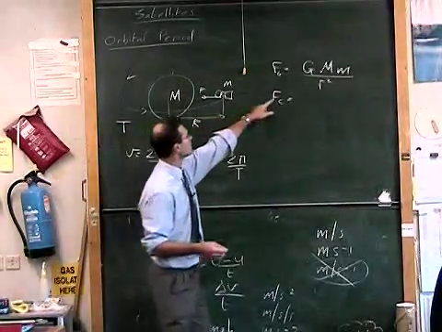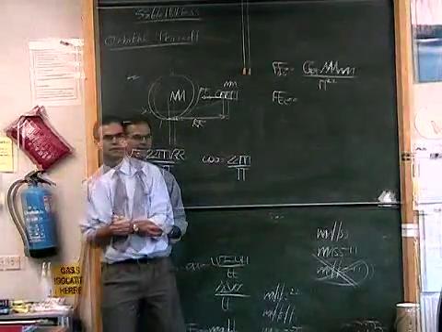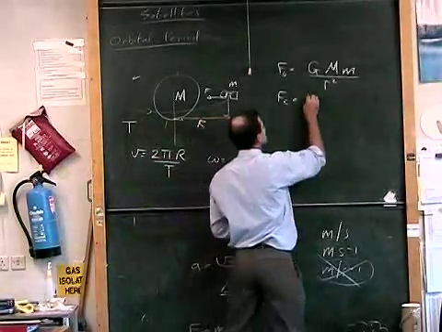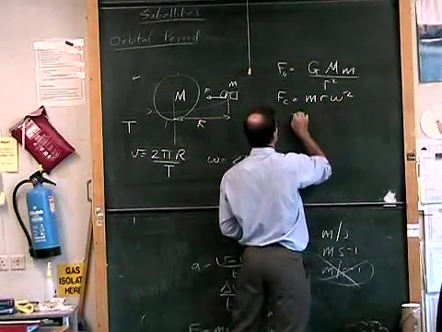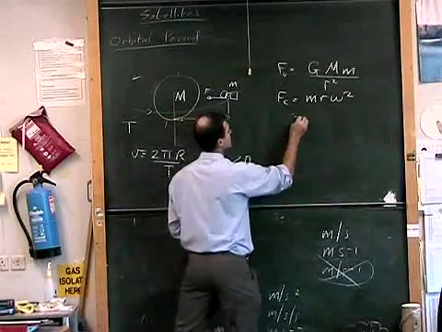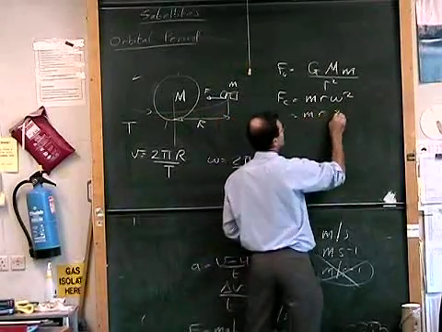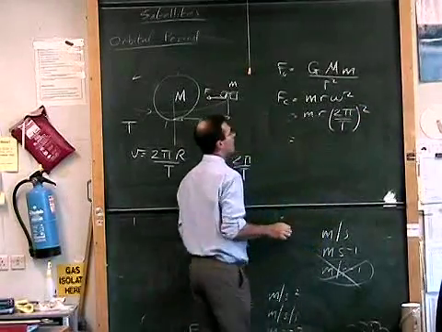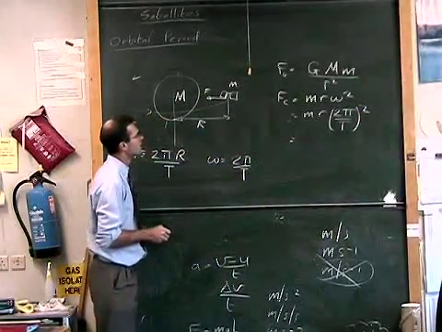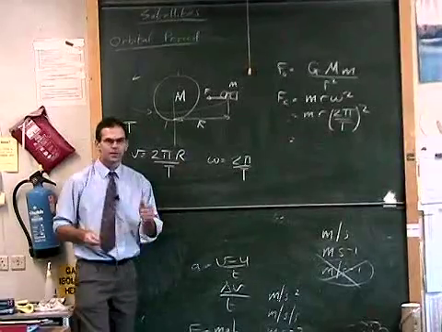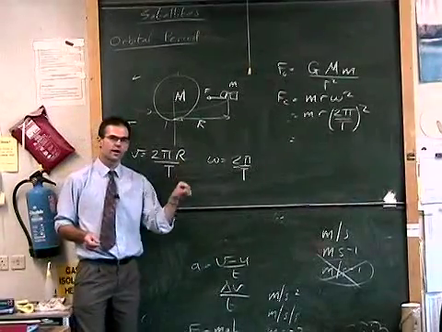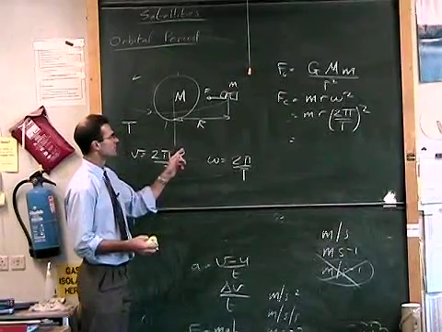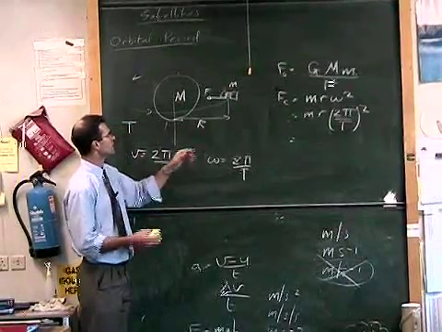So we're dealing with the equation for central force. We're using m r omega squared, putting in that omega is 2 pi over T, so we've got m r (2 pi over T) all squared, and that's going to be our equation for central force. Because the gravitational force provides the central force, we can equate the two.